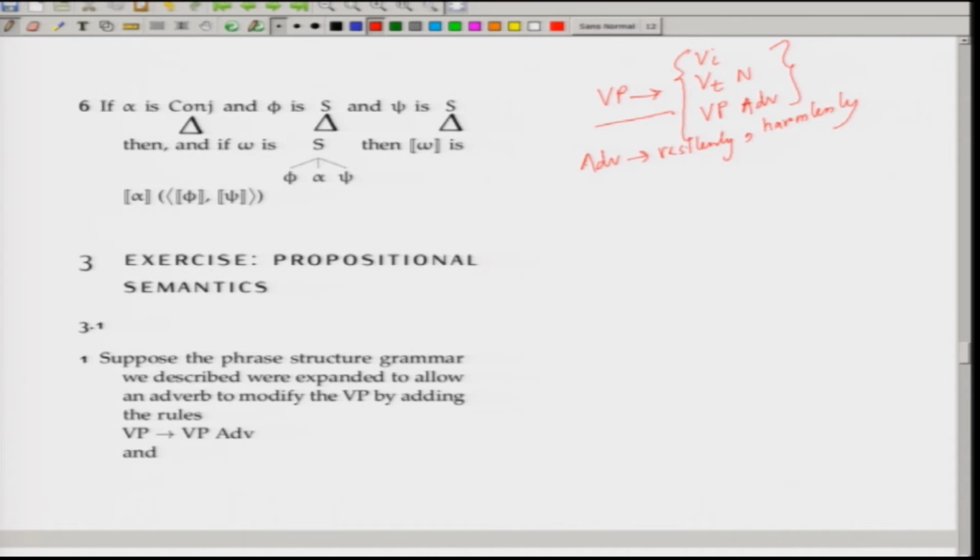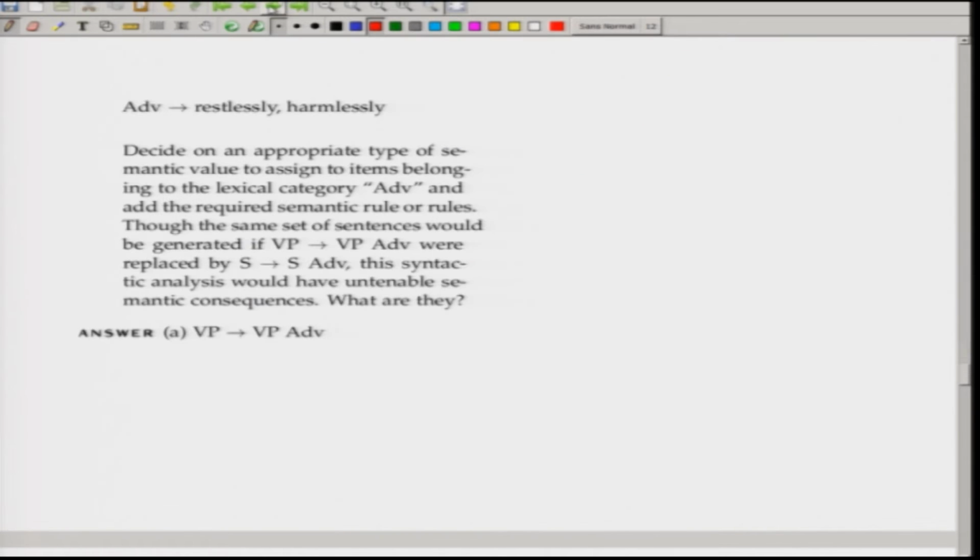Another task is very interesting. They are saying that we are adding this VP goes to VP ADV rule, but the same syntactic effect could be achieved by adding this rule. So suppose we have a sentence.